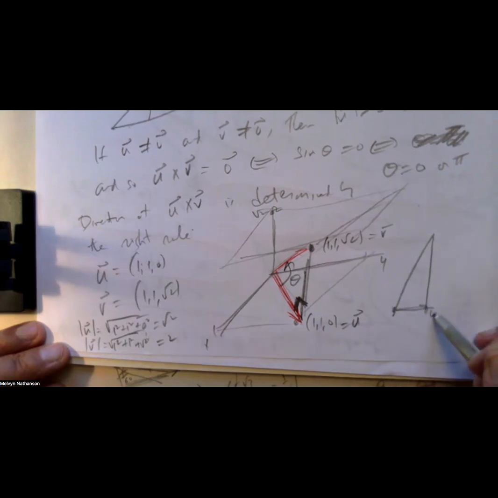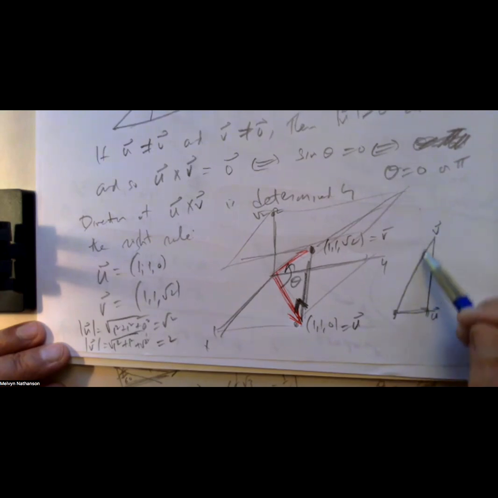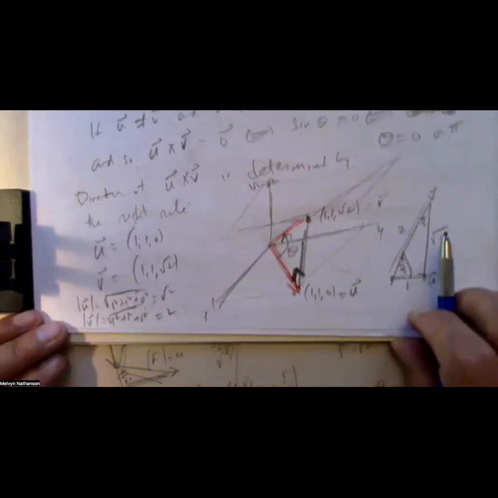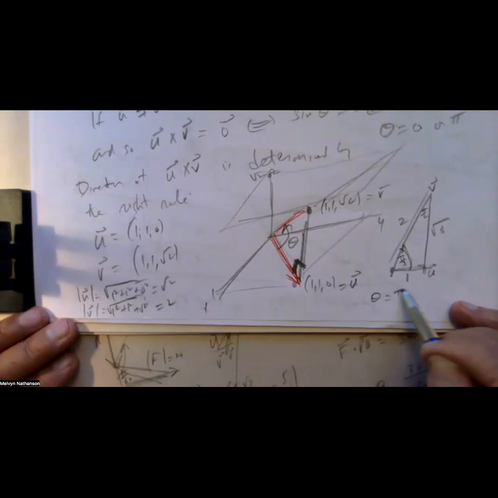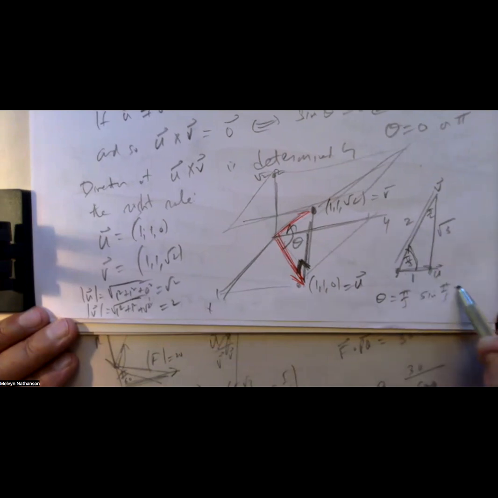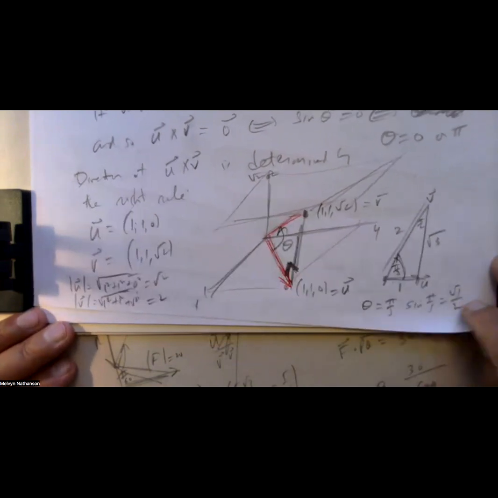This is going to u, this is going to v, this length is 2, this length is 1. That means this length is the square root of 3. So the angle from u to v is pi over 3, and the sine of pi over 3 is root 3 over 2.